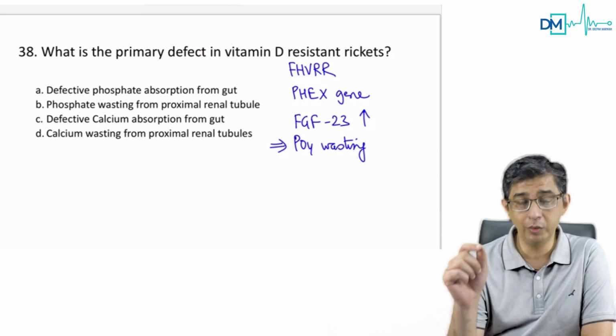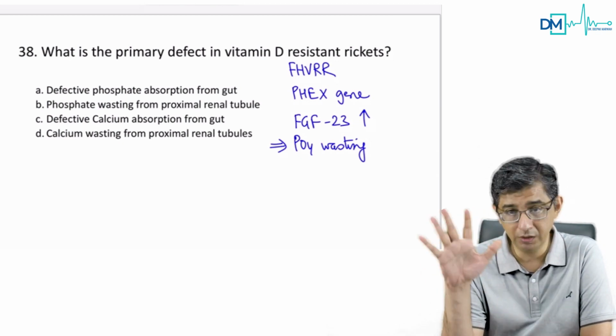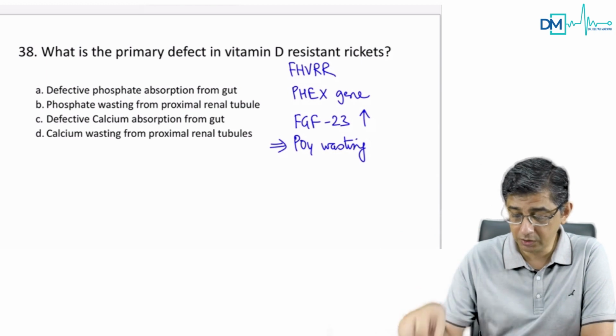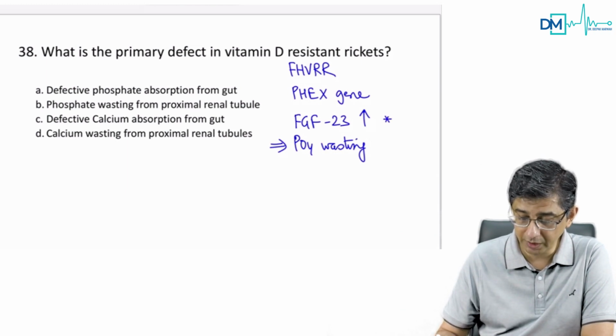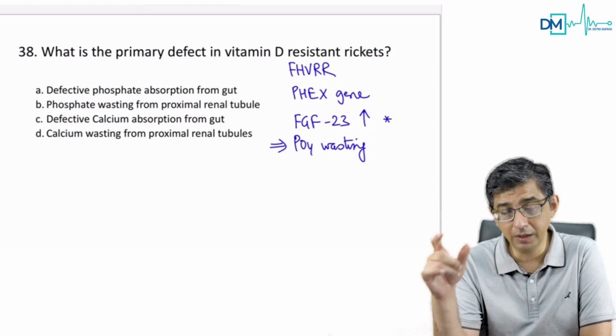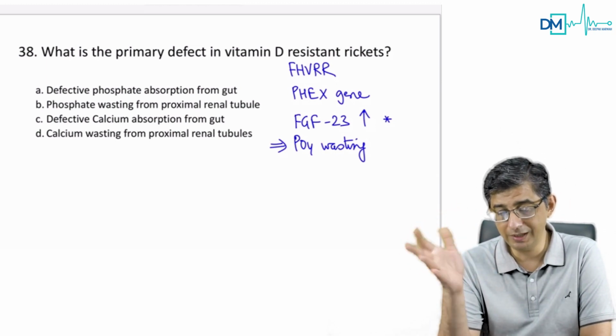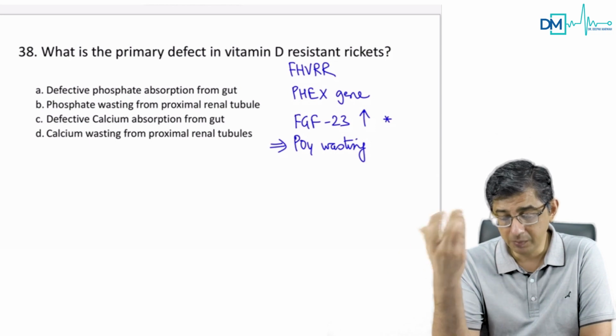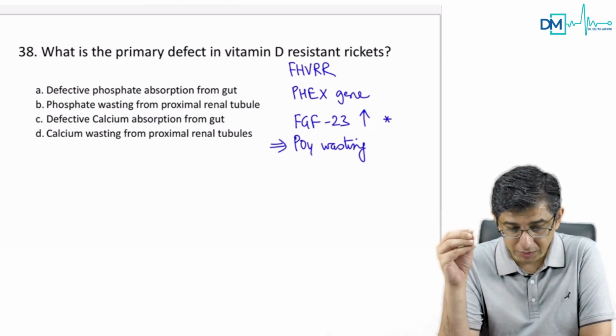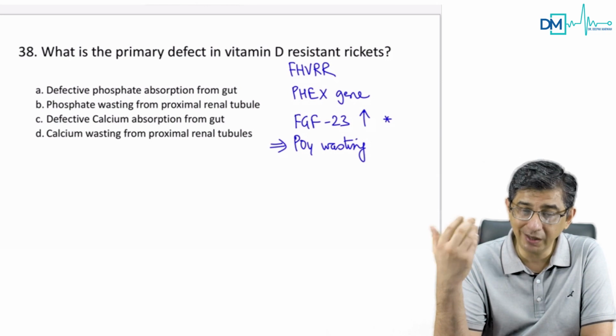What I'm basically telling you is that in resistant rickets, there's a defective gene that you all know. There is overexpression of a hormone which is an antagonist of PTH. Right? PTH and FGF23 have slightly different actions from each other. In simple words, I can put it like this: the major action of FGF23 is phosphate being kicked out.